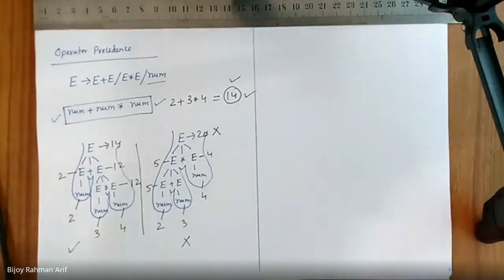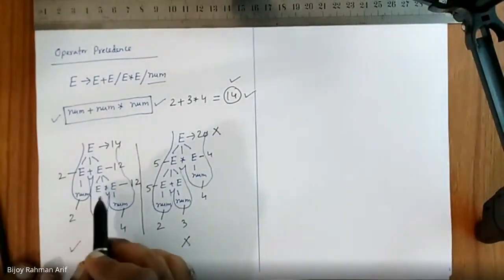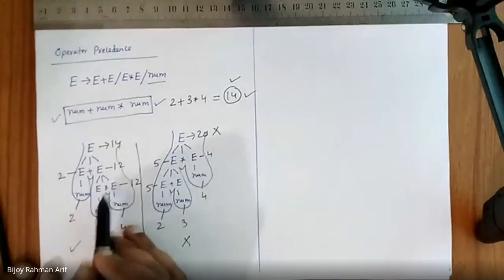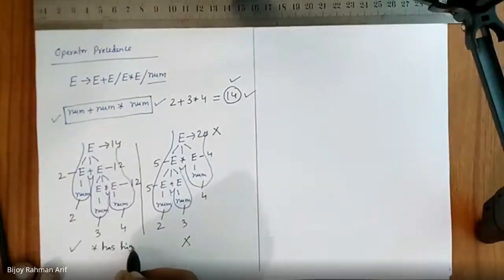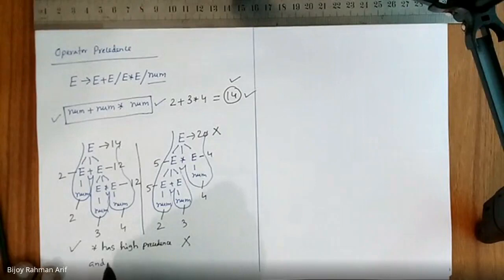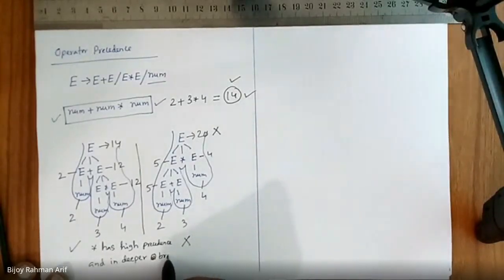So it is right. Here it is generating the correct answer because star has higher precedence and is in the deeper branch of the parse tree.